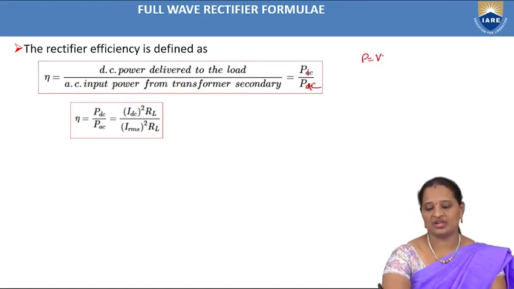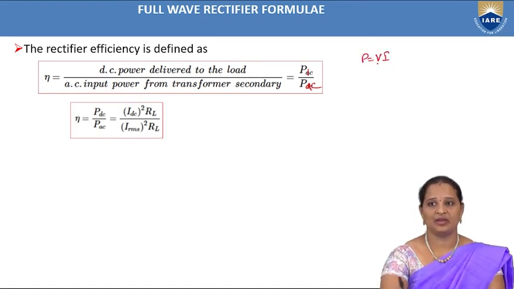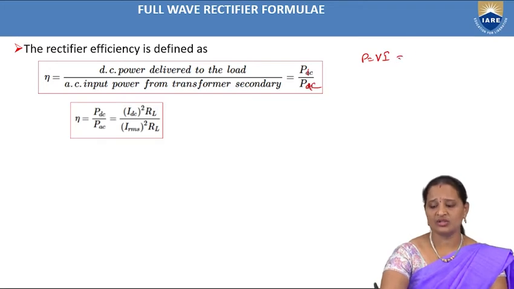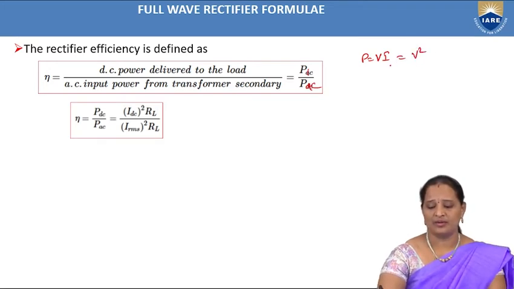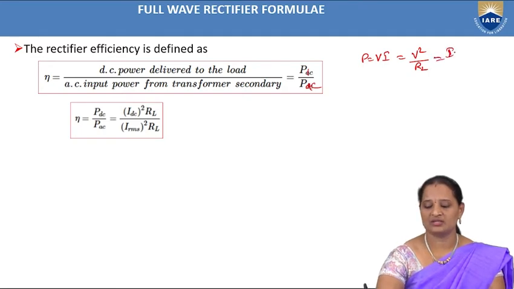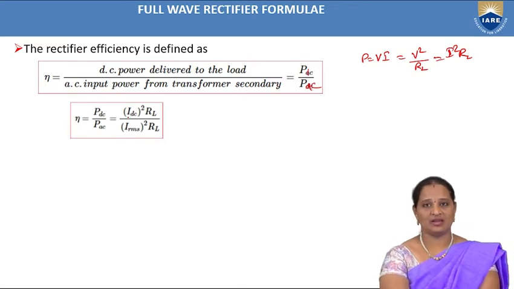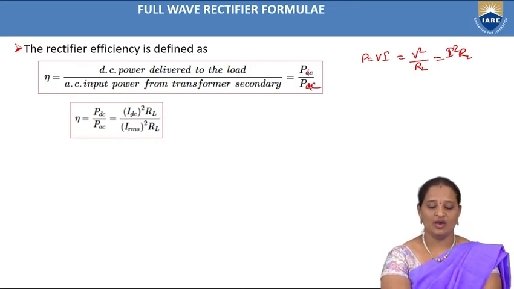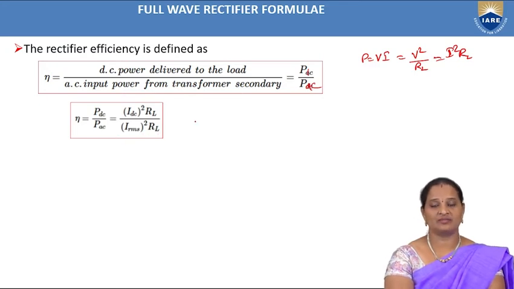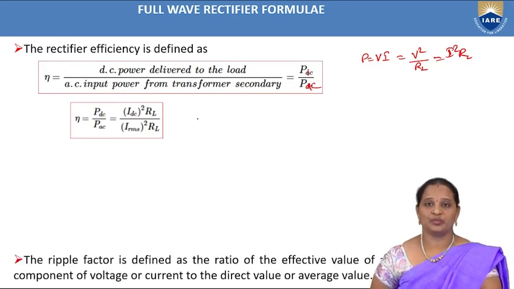Power is generally represented as V into I, where we can also write it as V square by RL, or as I square into RL. So PDC can be calculated as IDC square into RL, where IDC equals 2 Im by pi, and PAC can be calculated as IRMS square into RL, where IRMS is Im by root 2.